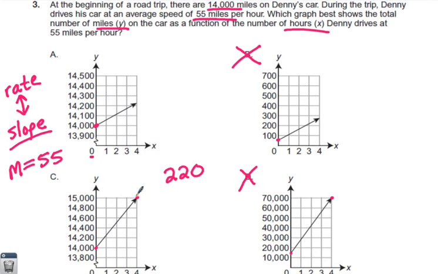No. Not as bad as D, but it's still not C. Because look, after 4 hours of going that fast, we should be at about 14,220. So in other words, choice A also represents the correct slope of 55 miles every hour.